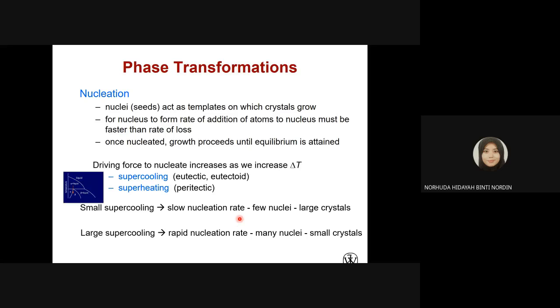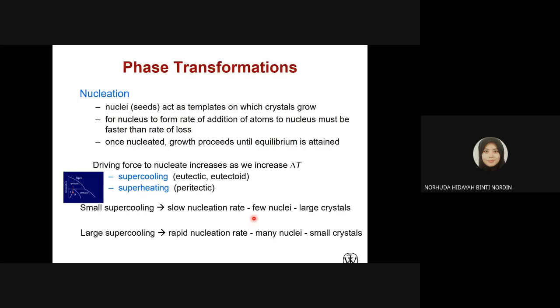It will nucleate slowly, resulting in only a few nuclei, and the nuclei will grow and form large crystals because they have a lot of time to grow, since we cool slowly. You get a large crystal.